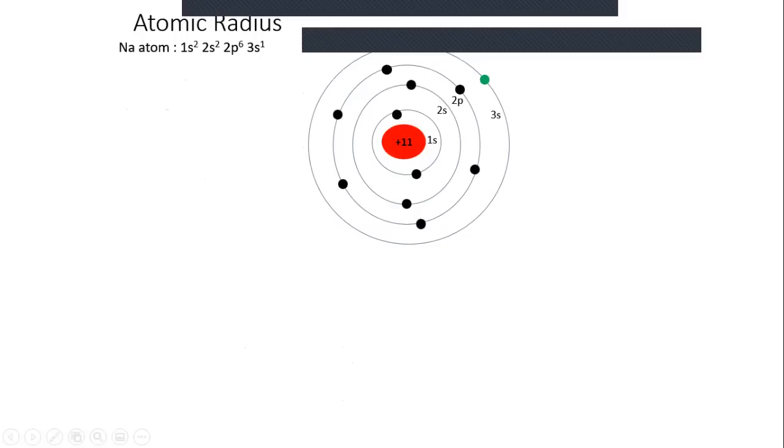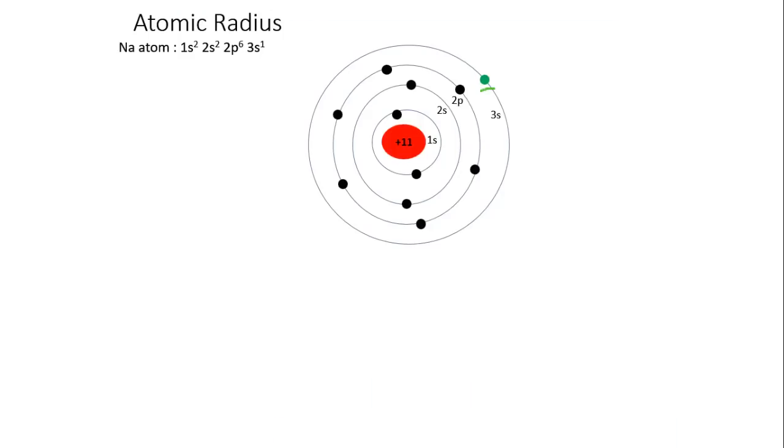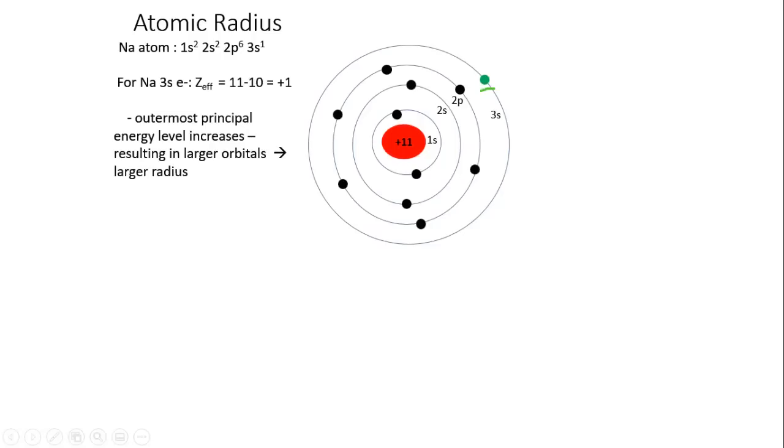Now let's look at sodium. Sodium has 11 electrons, 1 in the outer energy level. The outermost electron feels a +1 effective nuclear charge. As we go down a group, we have more electrons, we need more energy levels.